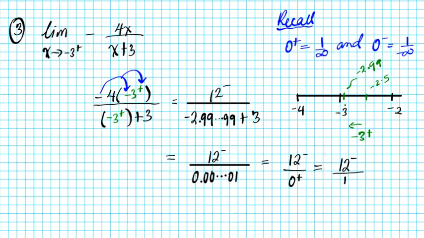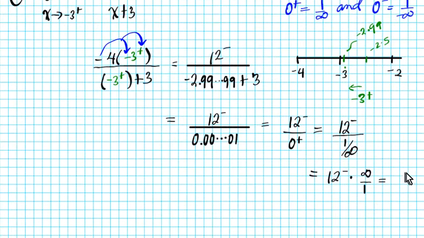This can be written as 1 over infinity. And now what you do next is you drop, change, flip: 12 from the left times infinity over 1. If you multiply any positive number by positive infinity, your answer is going to be infinity.